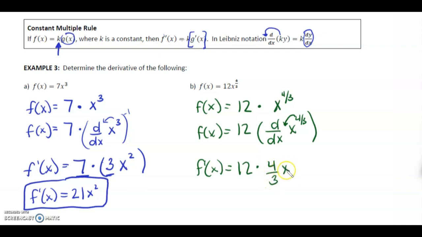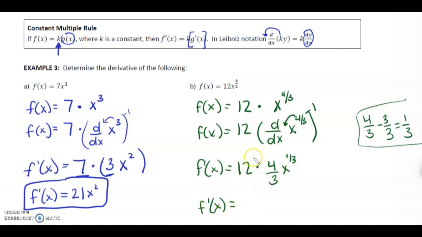So we have 4/3 x. Then in the exponent, we are going to subtract 1. So at the side of my paper, 4/3 minus 1, which is 3/3, we're going to get 1/3. So altogether, f prime at x equals, if we do 12 times 4, we get 48, divided by 3, we get 16. So these two numbers we multiplied, and then we write x to the 1 over 3.